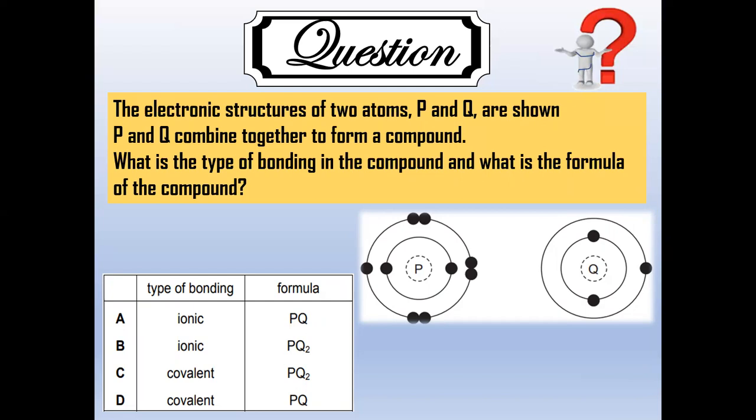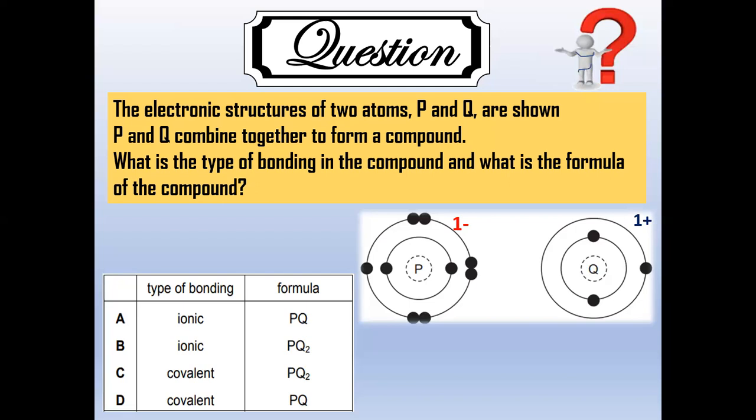So to attain 8 outermost electrons, P has to gain 1 electron and get a -1 oxidation state, while Q will lose 1 electron to get a +1 oxidation state, because Q is getting the duplet rule, while P is getting the octet rule. And in this way, they have to gain or lose the electron.